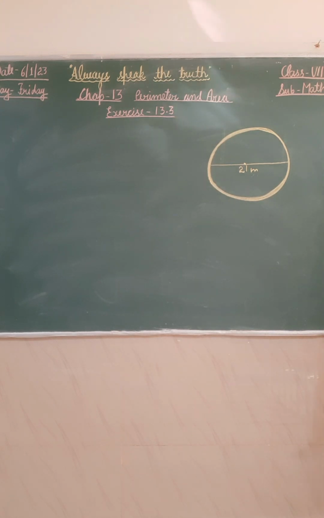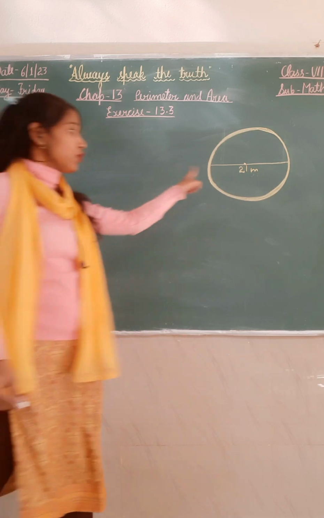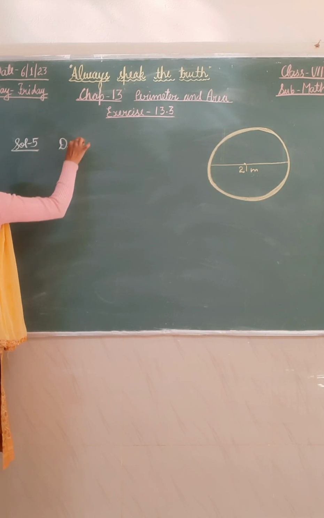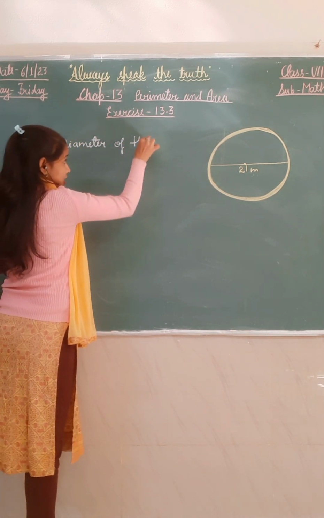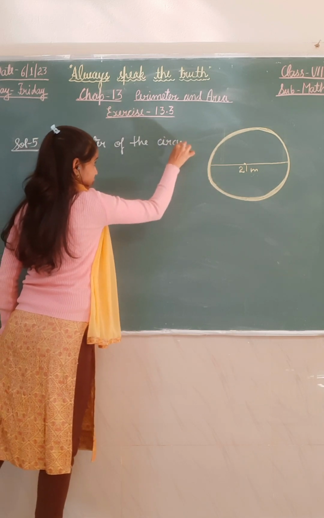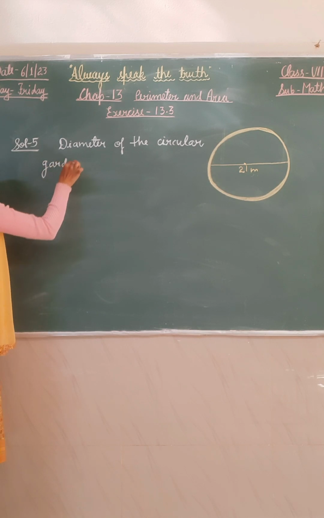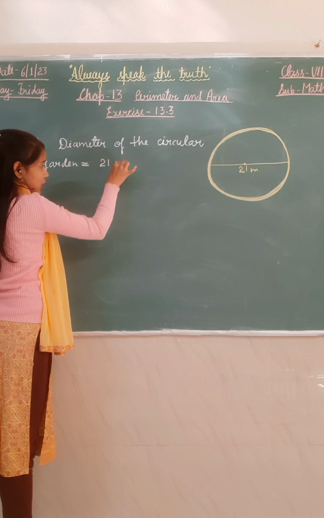Solution number 5. Firstly, we will write down the diameter of the circular garden. Diameter of the circular garden is 21 meter.